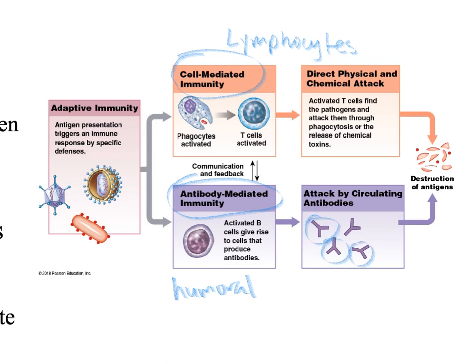And so the antibodies are going to be kind of critical on this side of the immune system to help identify and tag foreign material and present that to other cells that can destroy it. And we'll talk about this in more detail here in the coming slides. But these are the two primary pathways for adaptive immunity: cell-mediated and antibody-mediated.